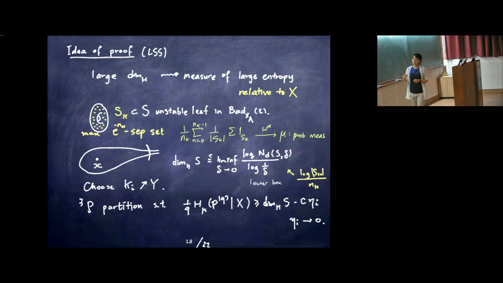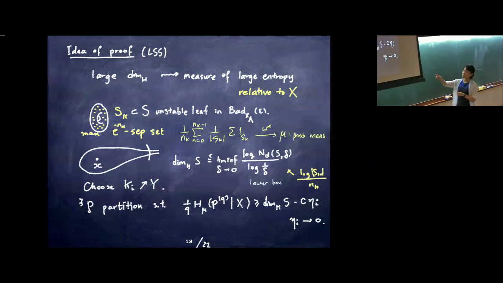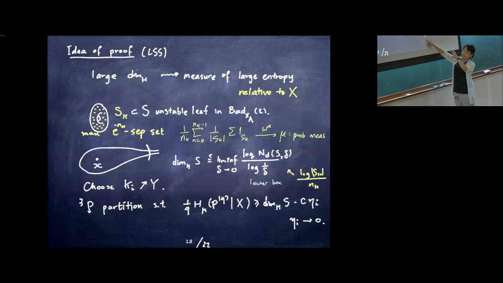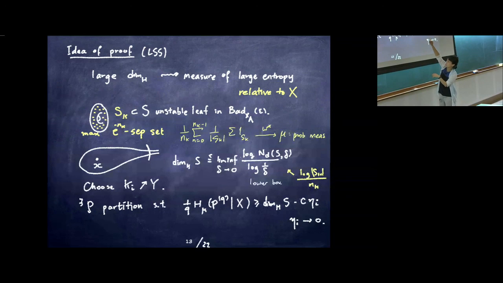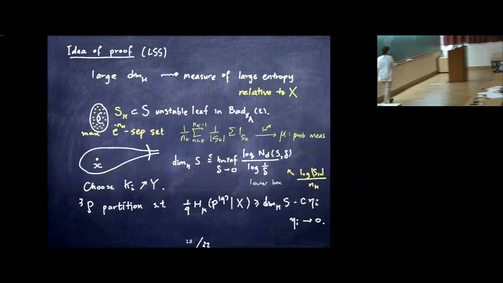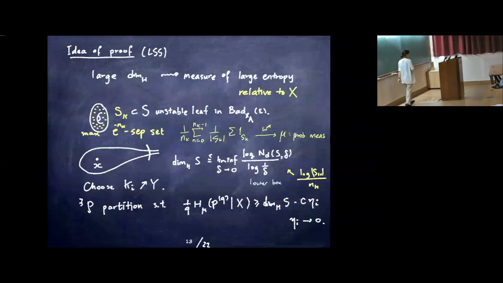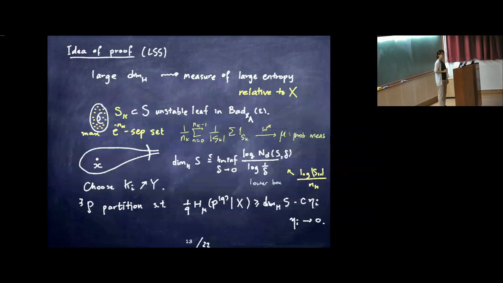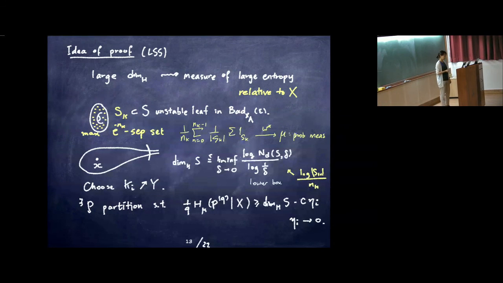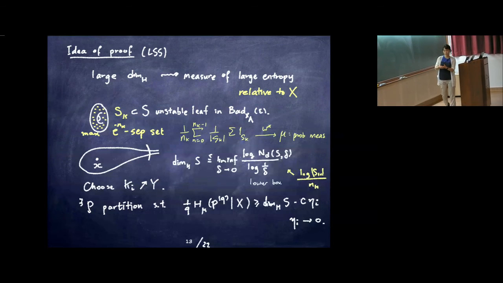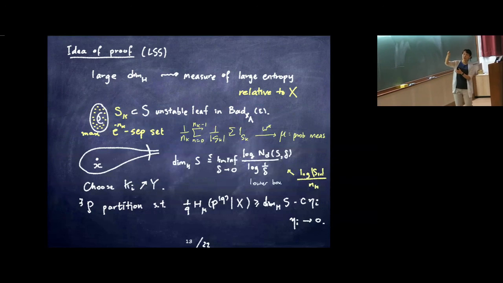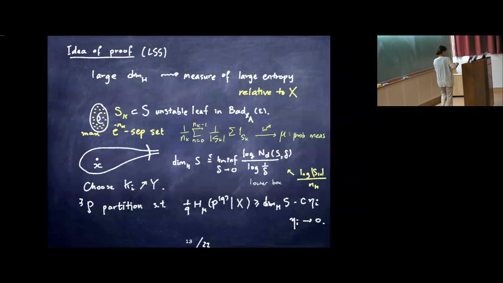And this eta_i, you can just think of it as the measure of the complement of K_i. So this is the cusp part, and you can think of it as the measure of the cusp part. So this is going to 0. So we have the lower bound, which is the Hausdorff dimension. Now, if you have full Hausdorff dimension, we'll have a maximal relative entropy.